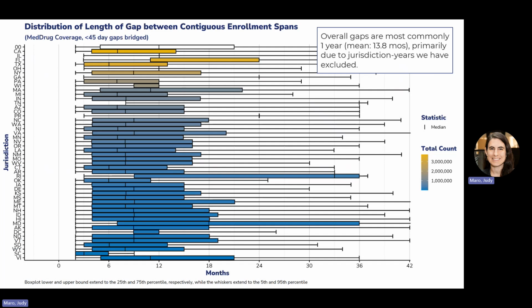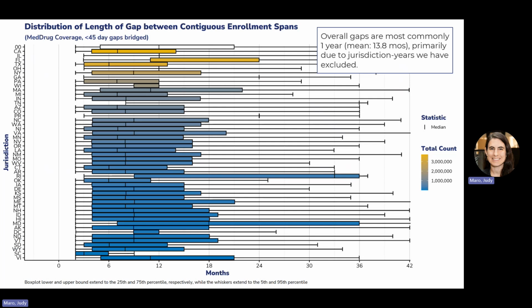And primarily this is an artifact of the way that we excluded certain years in our data. For the same reason that we see shorter spans, we might also see these gaps that are particularly 12 months because we've explicitly excluded one year group per jurisdiction.